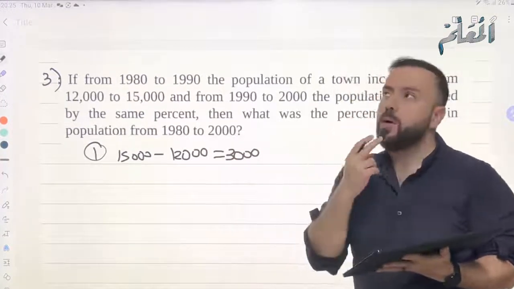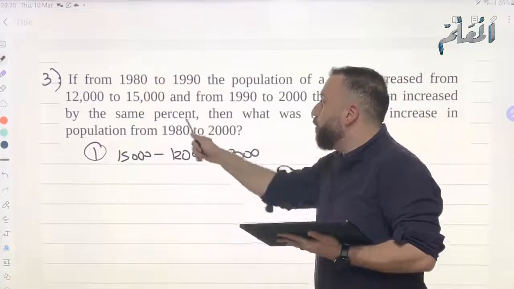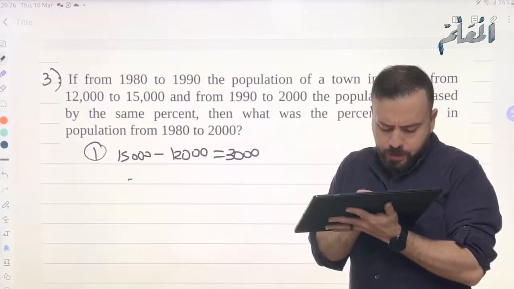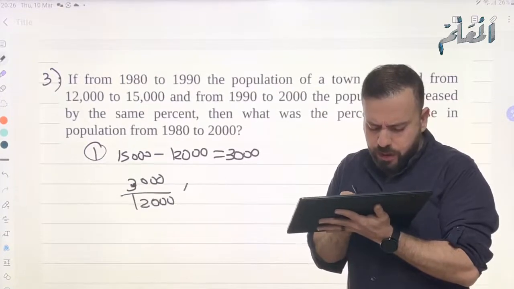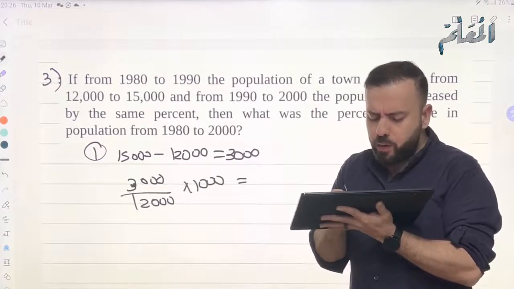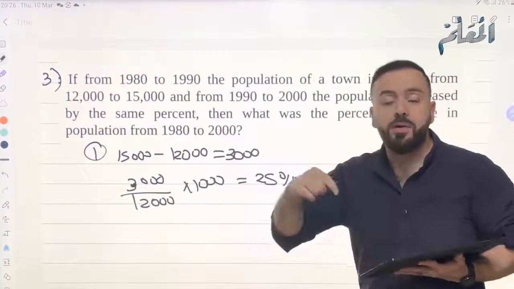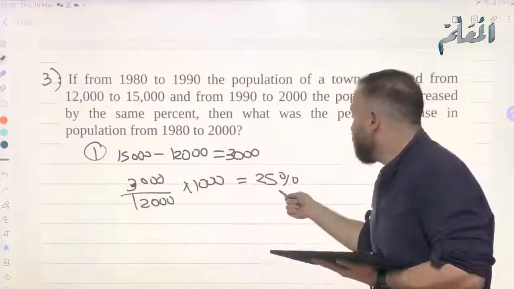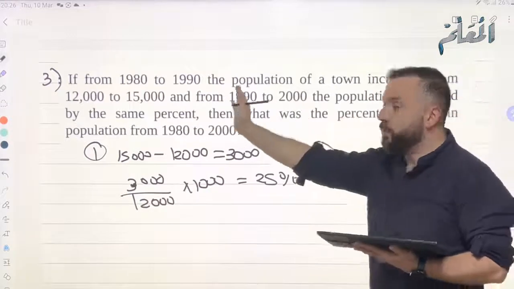Step 2, what is the percentage increase? It means 3,000 over the original number, 3,000 over 12,000 times 100, which is equal to 25%. So I increased from 1980 to 1990 by 25%. That's the first part of the question.